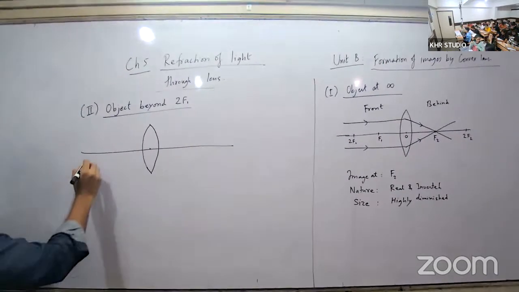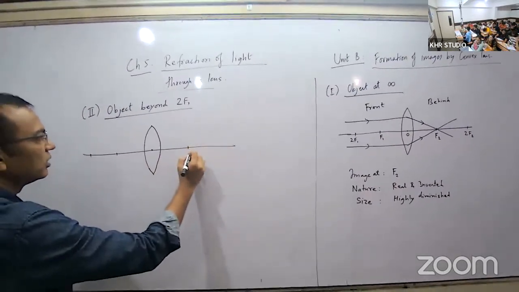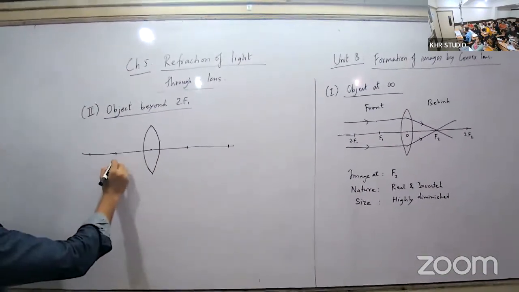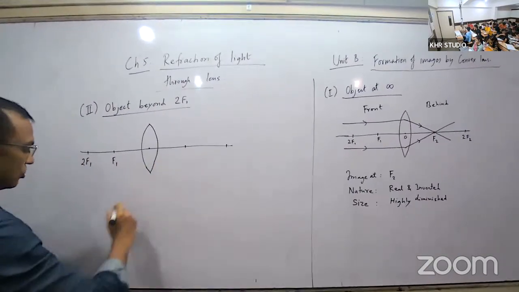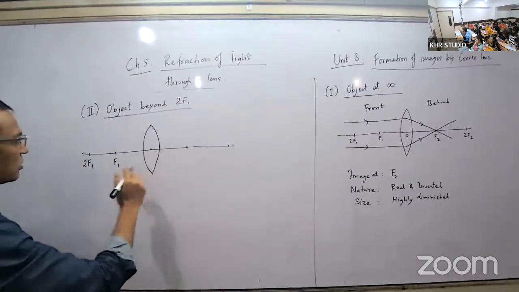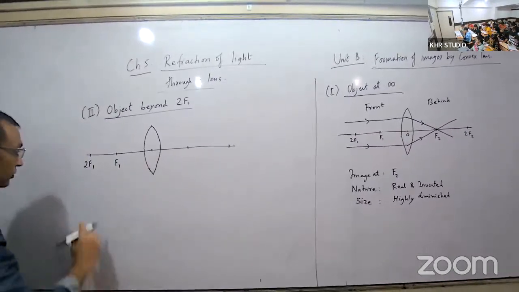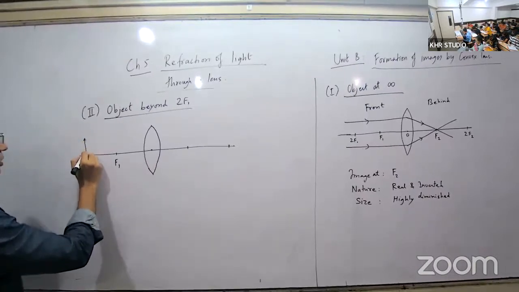What is the step? First you mark F1 to F1, F2 to F2. So mark the A side. So where is your object now? Beyond 2F1. Here.